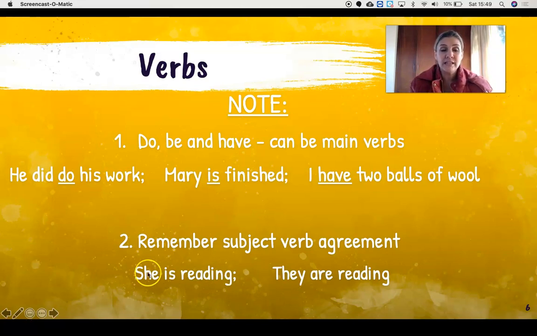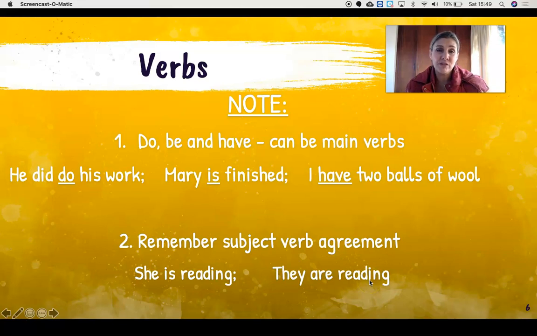And if you look at it, she is singular, and so she needs to have the singular verb with the S, is reading, she is. If you look here, it's already plural, they automatically tells you there's more than one. And so you're not going to have the singular verb with the S because there's already a plural subject. So it's they are reading.